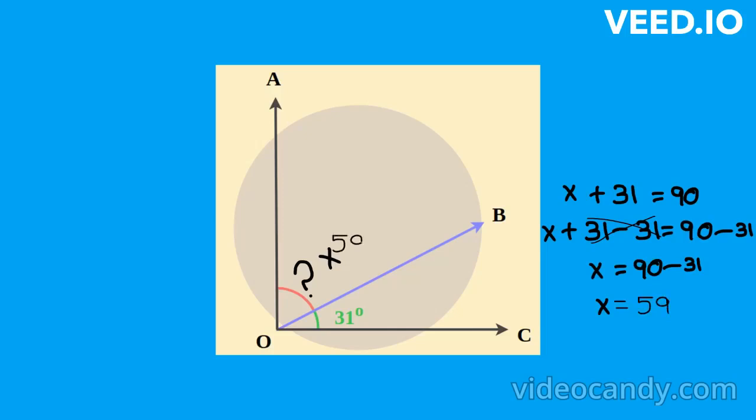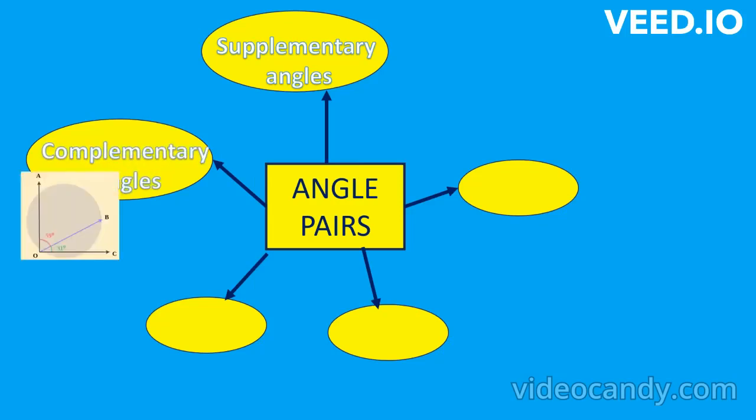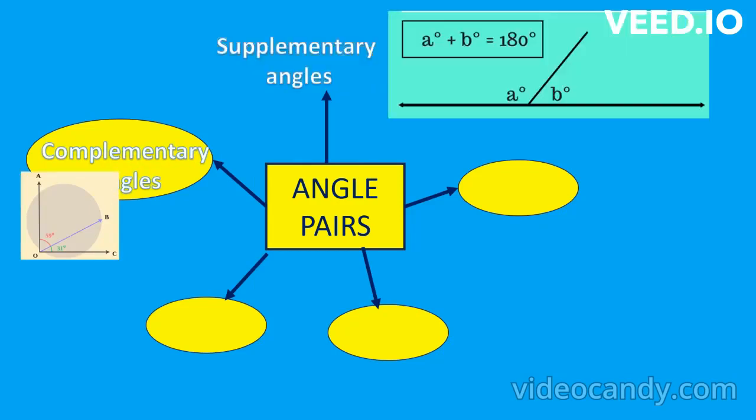These two angles are complementary. 59 and 31 put together make 90. So complementary angles are those angles which make 90 degrees together. Supplementary angles make 180 degrees.